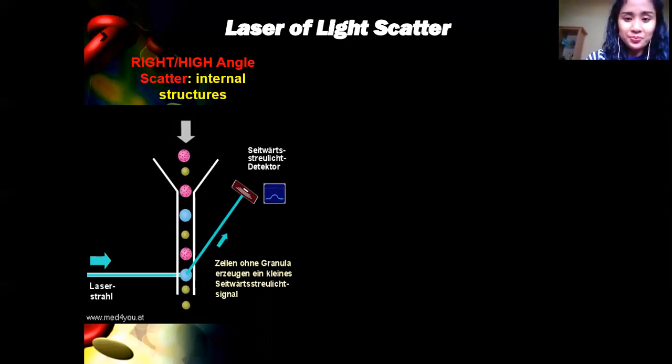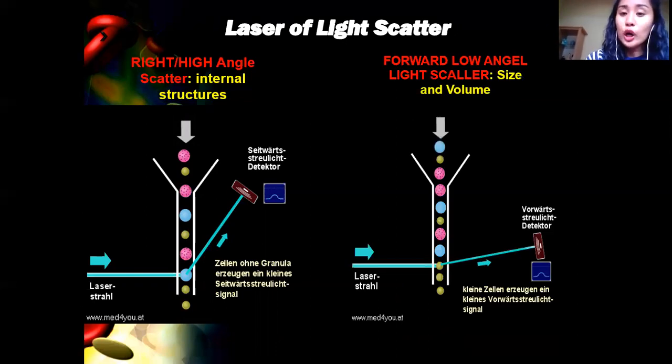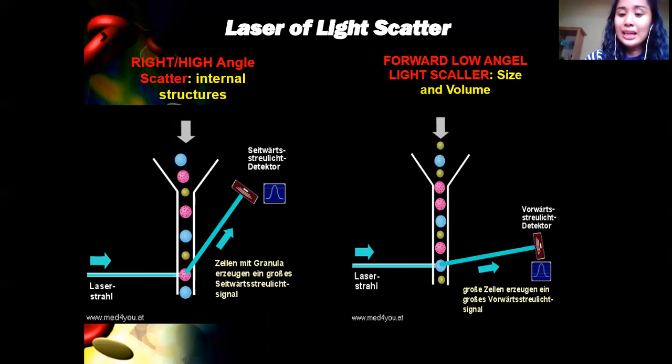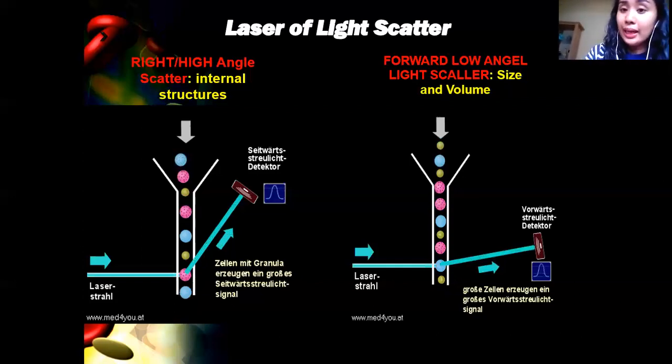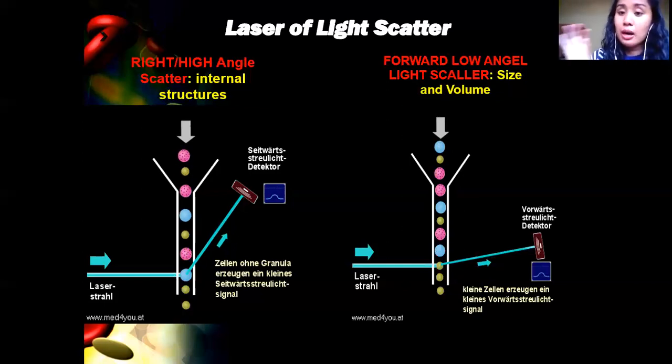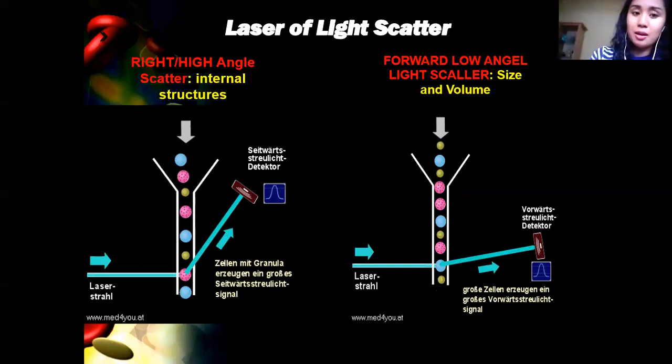Next is forward or low angle light scatter, which will detect the size and the volume. When the light goes straight forward, it will detect the size and the volume, how big the cell is. For the high angle or right scatter, it detects the internal structure.